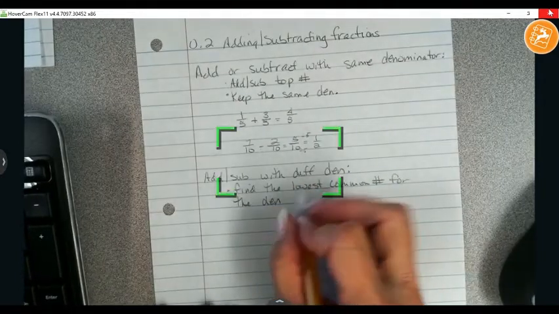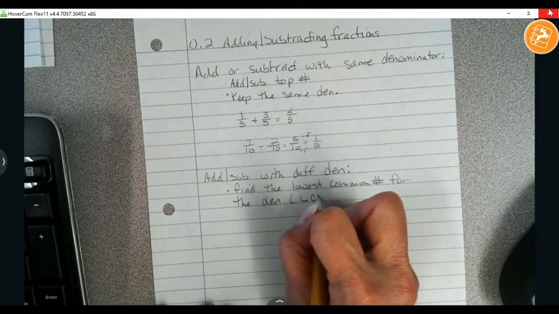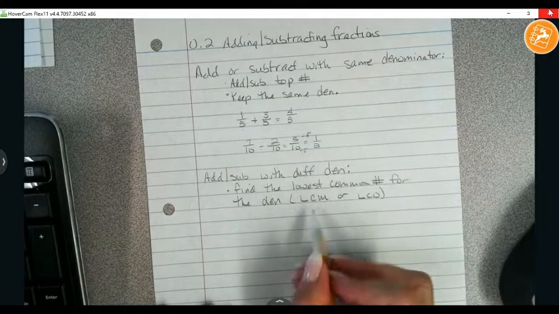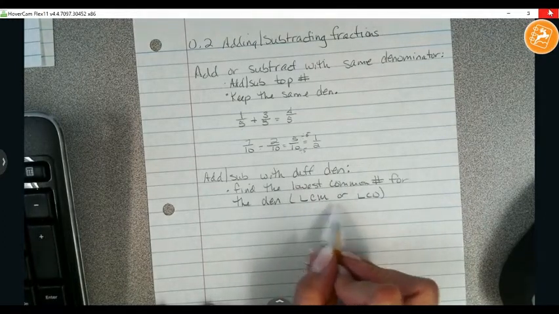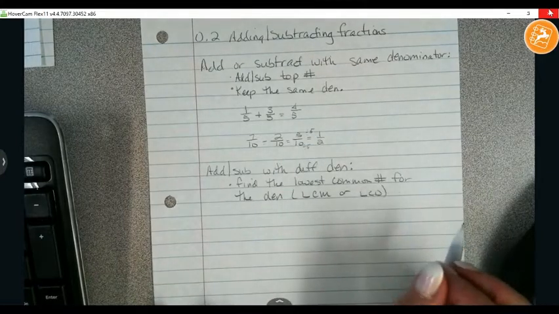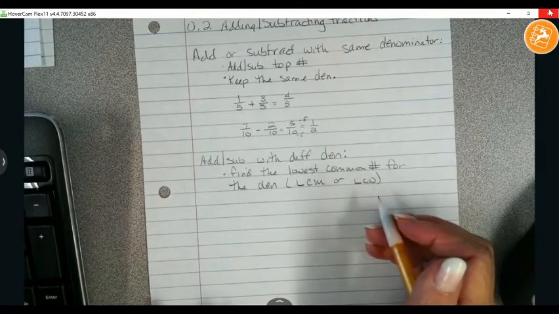This is actually called the LCM or LCD. So this would be lowest common multiple or lowest common denominator. So the easiest way for me to show you this is with an example.